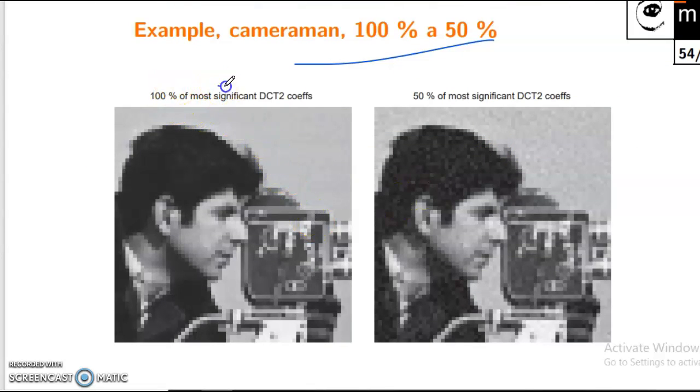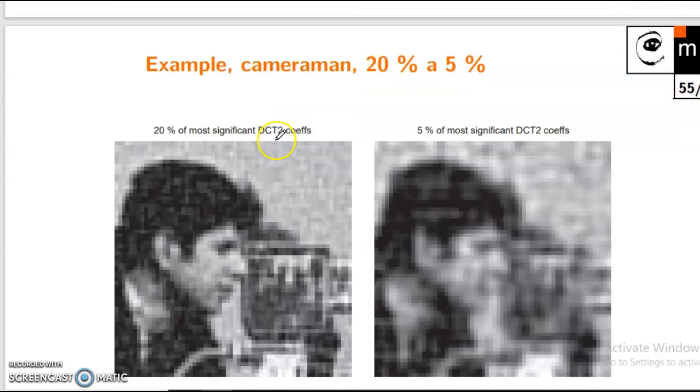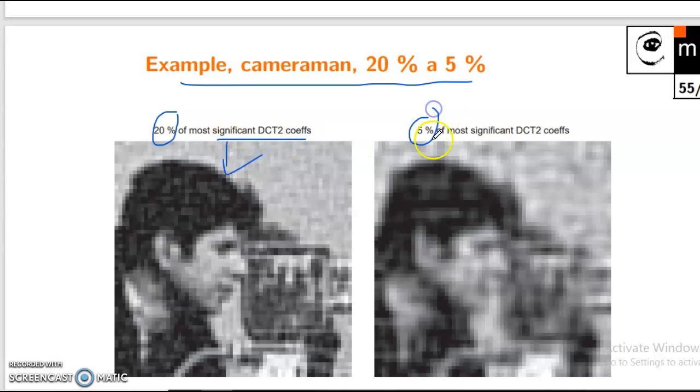100% of most significant DCT2 coefficients. 50% of most significant DCT2 coefficients. Here 20%, here 5%: 20% of most significant DCT2 coefficients, 5% of most significant DCT2 coefficients.